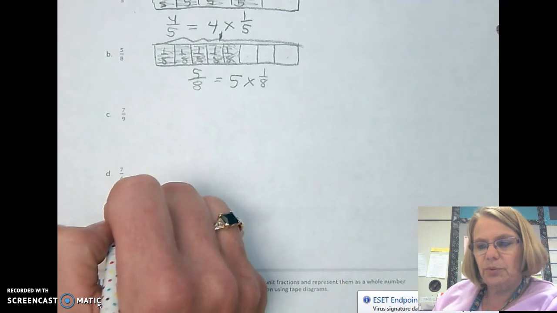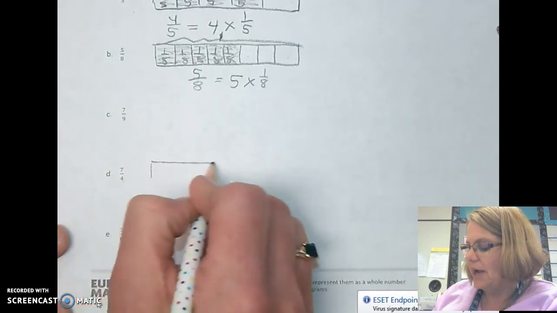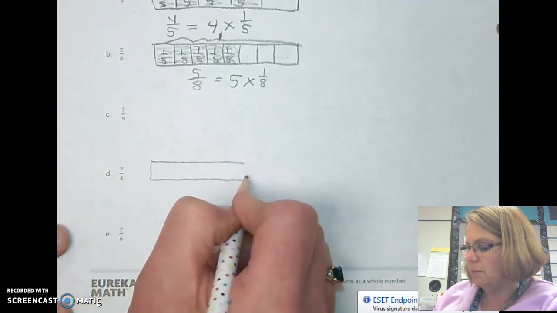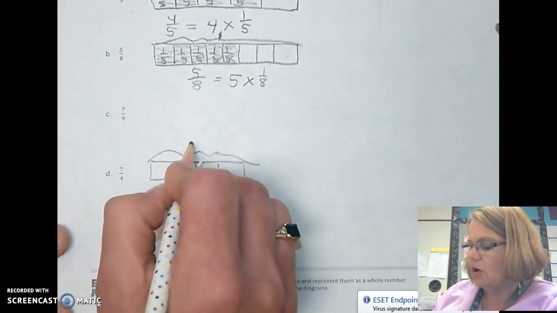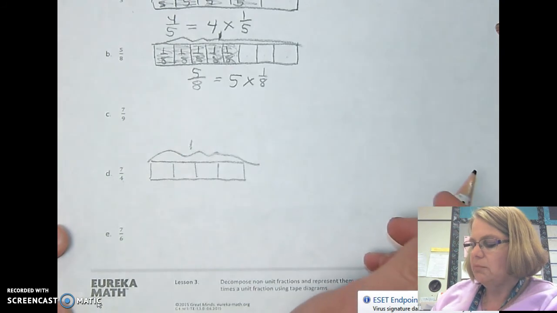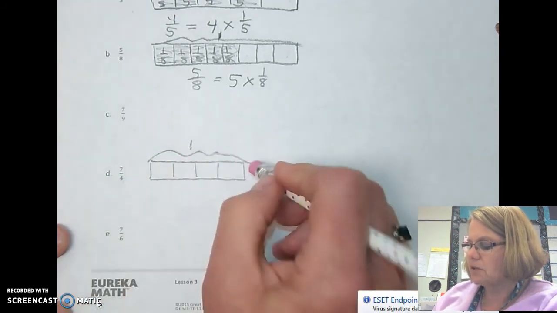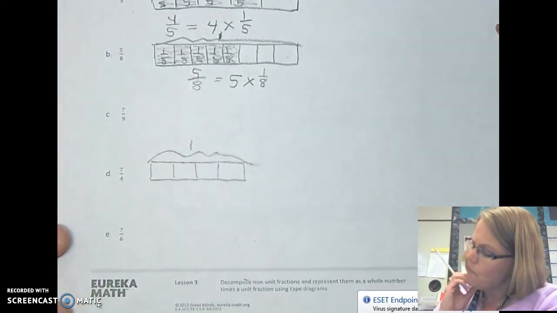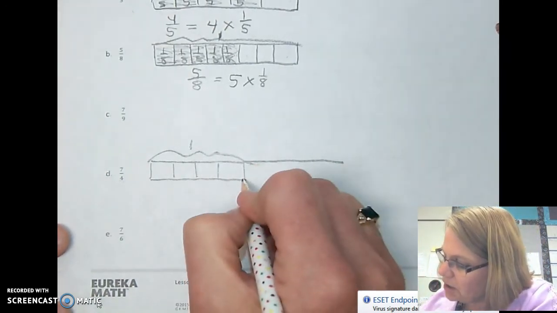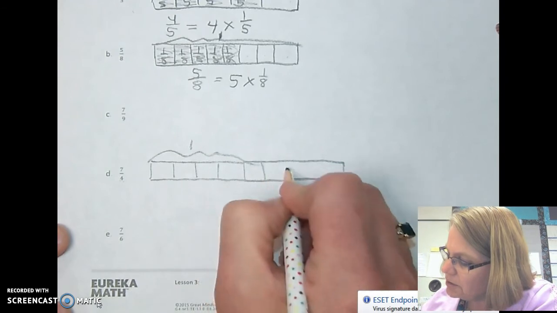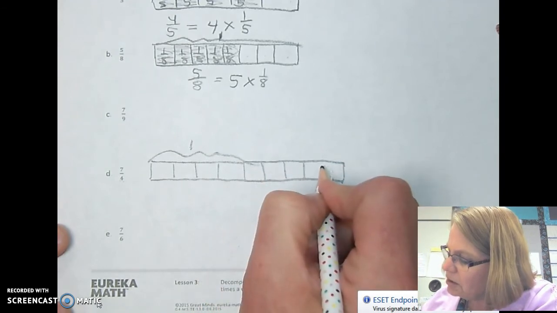7/4. Well, if you remember, we have to make a box broken up into fourths. 1, 2, 3, 4. And this is our whole, but we need to have 7/4. So we need to make another box of fourths. 1, 2, 3, 4.